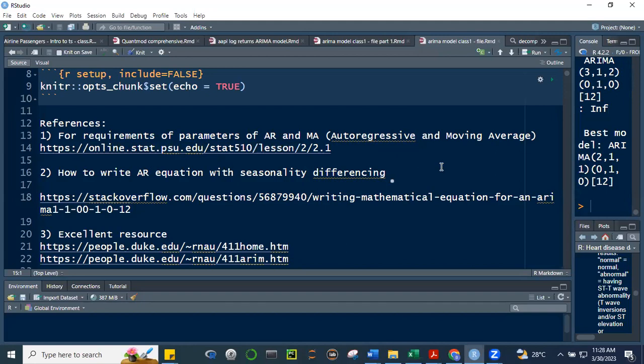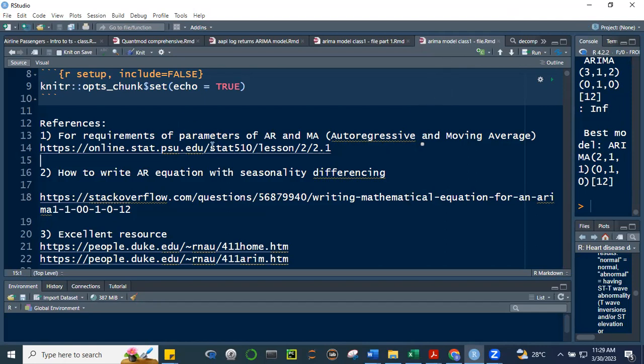Auto kasi auto self, you're regressing the time series based on its past values. So you have AR1, autoregressive 1, AR2, autoregressive 2. That means that you are modeling the time series based on its past values. AR1 means lag 1. So you're using x sub t minus 1, its past values.